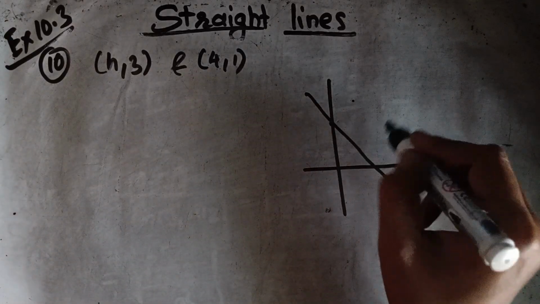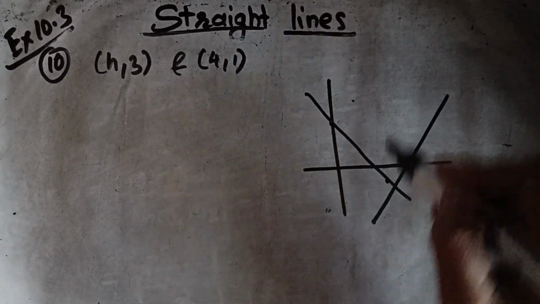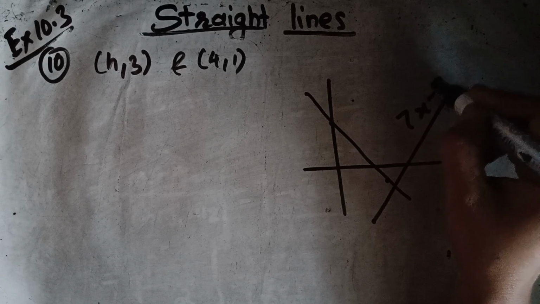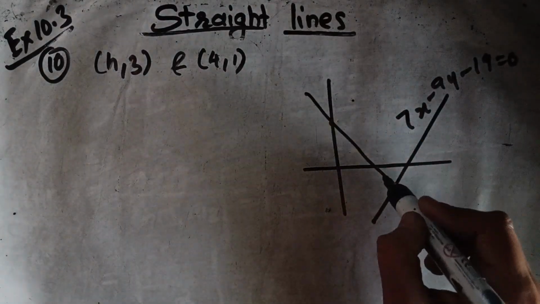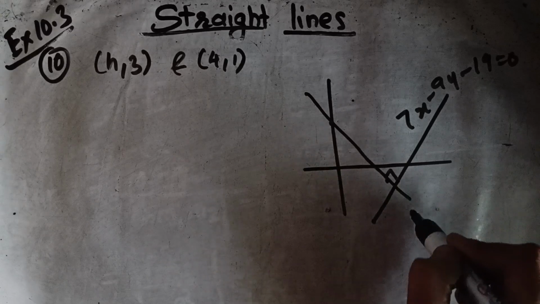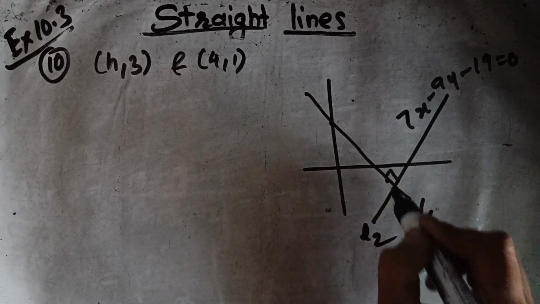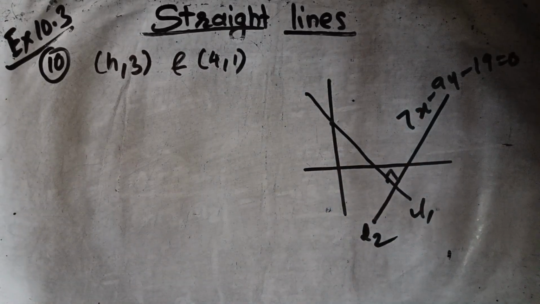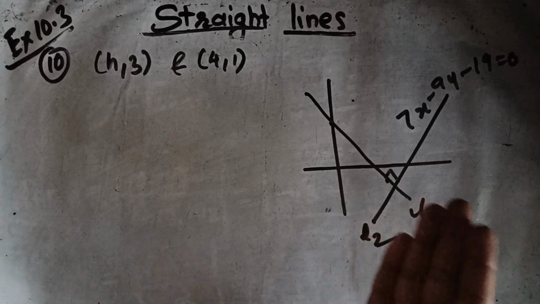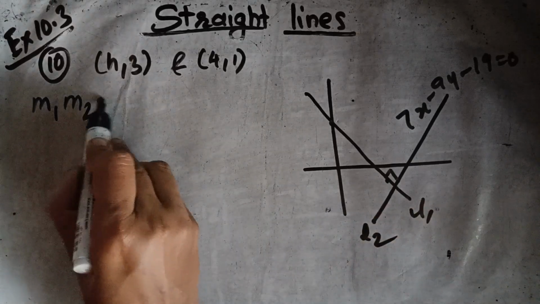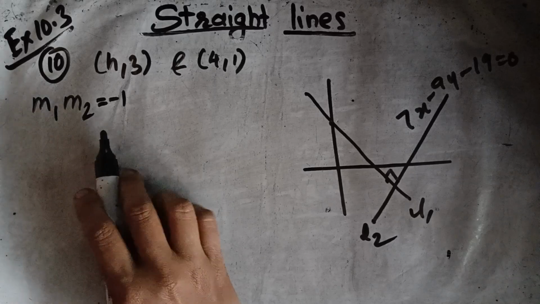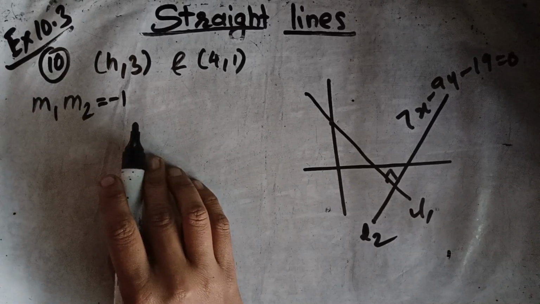This is intersecting the line 7x minus 9y minus 19 equal to 0 at right angles. So the angle between these two lines, suppose this is L1, this is L2, is 90 degree. So the slopes are, we can use the condition m1, m2 equal to minus 1. Okay, you have to find the value of h.